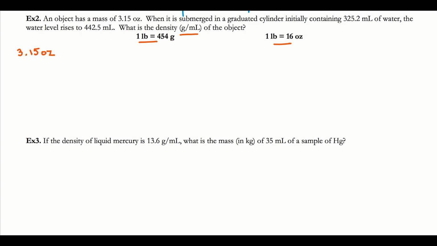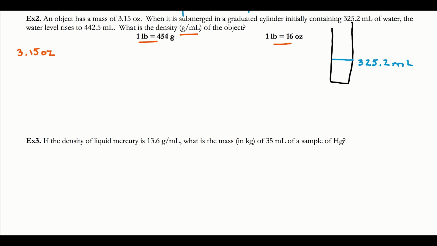I also need to discuss the fact that it tells me I've got a graduated cylinder. It initially has a volume of 325.2 mils of water. Well, why does that matter? They're not directly telling me what the volume of my object is.